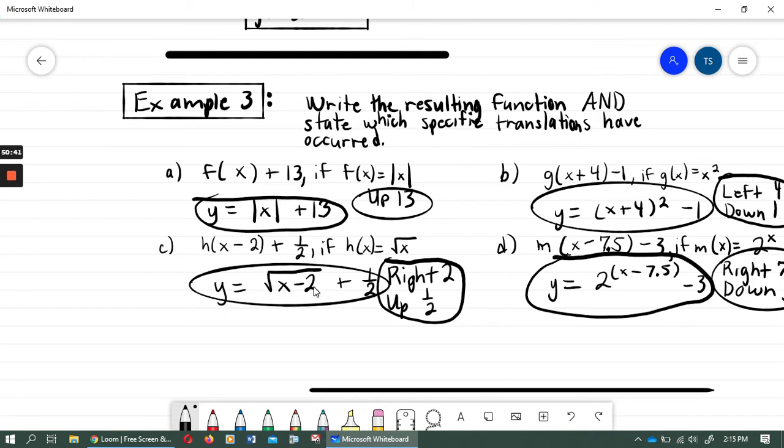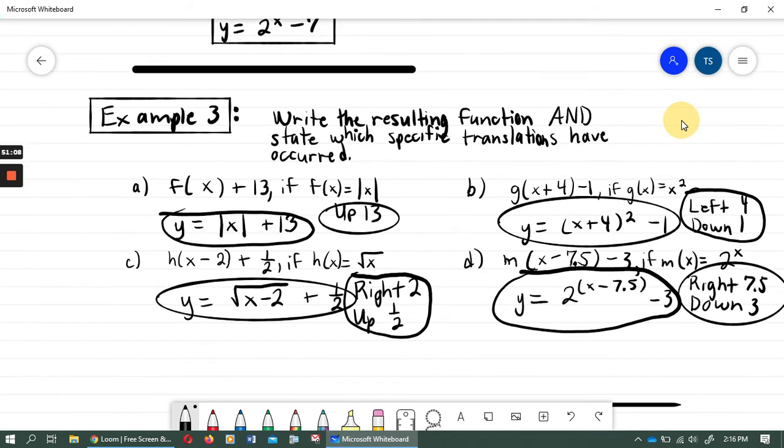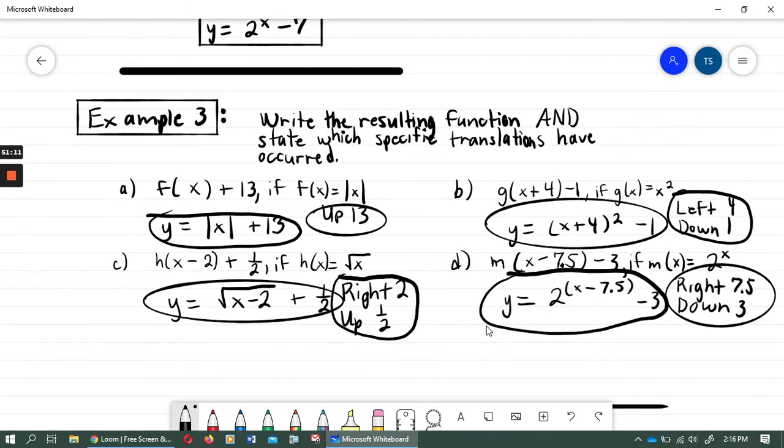I skipped over the cubic parent function, which is going to be something raised to the 3rd power, and I skipped over the cube root parent function because they're pretty much going to look similar to how we're seeing the quadratic and the square root. Because they have the same pattern, I skipped over those 2 parent functions. But in example 3 here, we're asked to write the resulting function and state which specific translations have occurred.